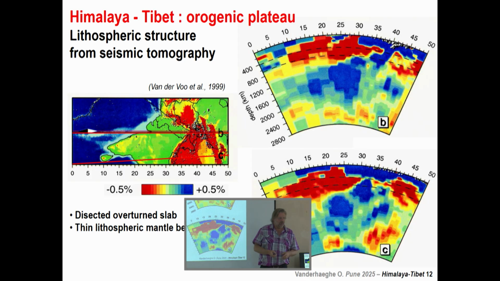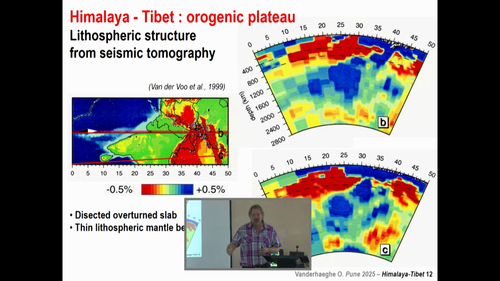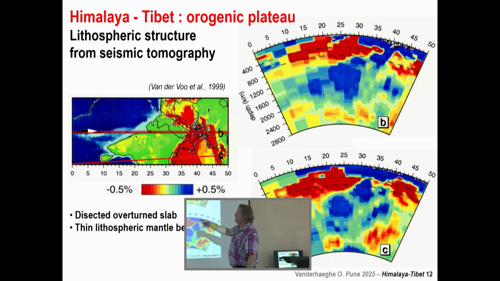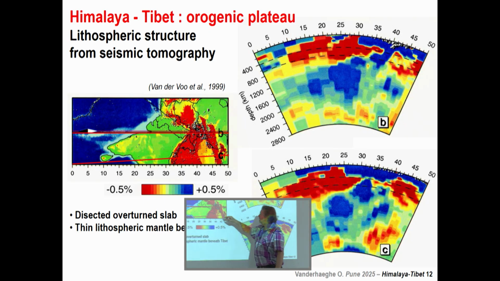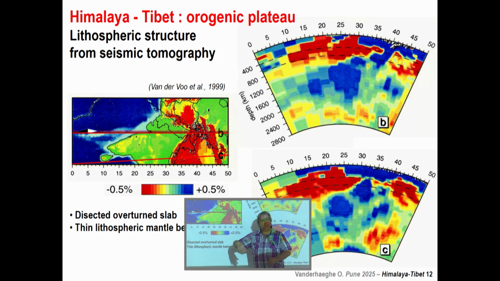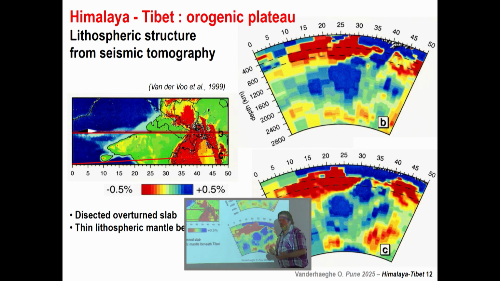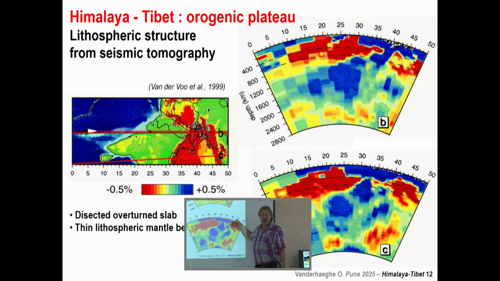So I think that was a very good example of a person that was able to take a step out of the way of the mainstream. Because our ideas about India, Himalaya, Eurasia were very much controlled by the previous work. And everybody was saying subduction towards the north, but maybe that's not the simplest way to explain the tomography.